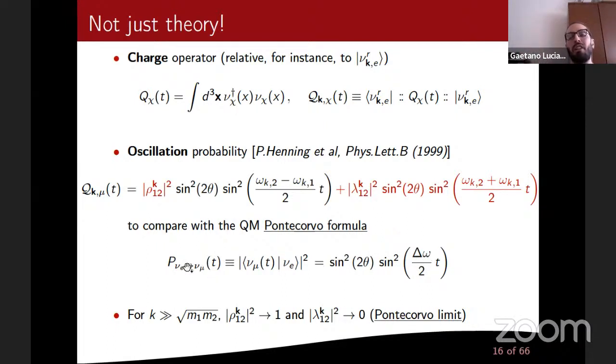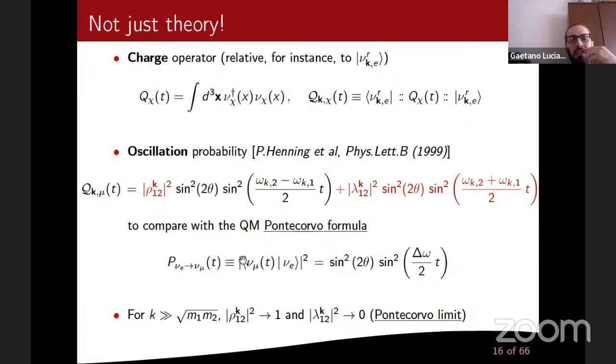So if this probability is non-vanishing, and we know that it is non-vanishing because of the experiment awarded with the Nobel Prize, this delta omega must be non-vanishing, which means that at least one m in this difference must be non-vanishing. So this implies that neutrinos should be massive.